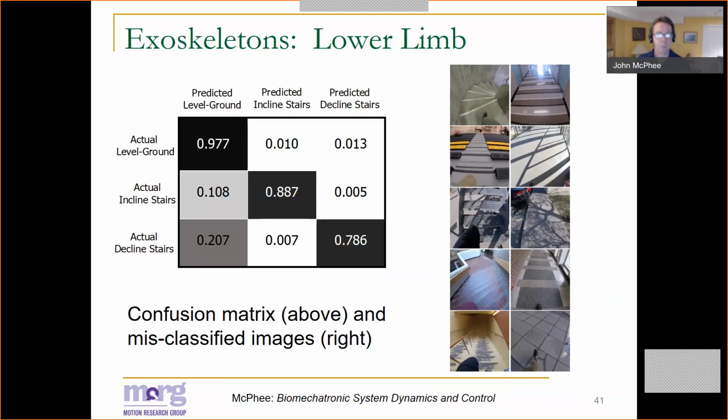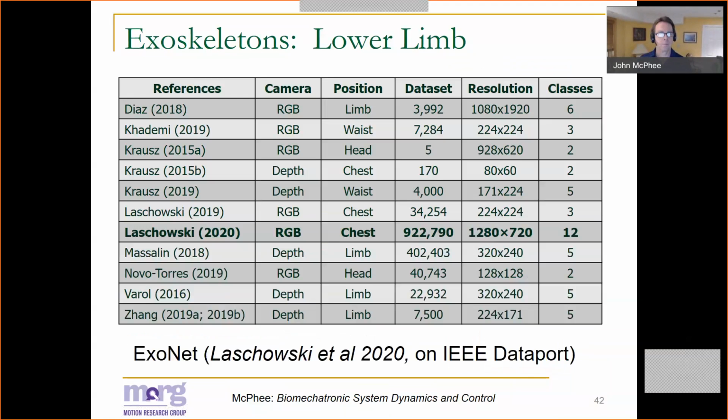Given that, we should always make sure that there is an override switch that prevents a change in mode when none exists in real life. So there has to be an override switch that the exoskeleton user has access to.